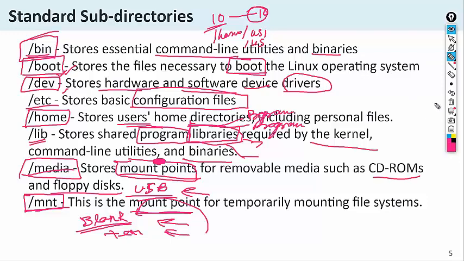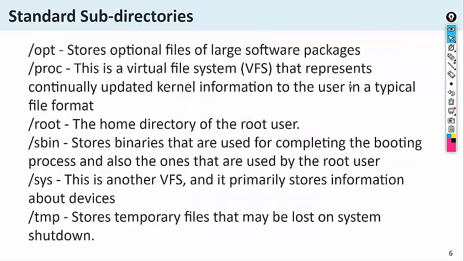Okay, later on. What are the other directories? /opt: all the optional files are stored here, like when you are installing some software, you can use this /opt directory. /proc is for processes, or you can say this is a virtual file system that represents continually updated kernel information to the user in a typical format.